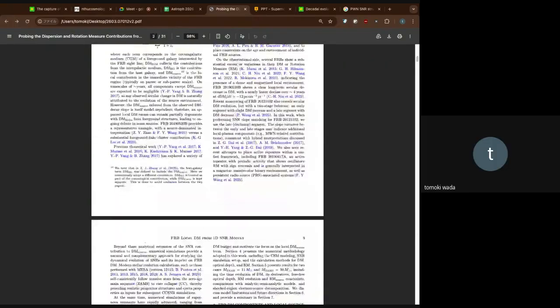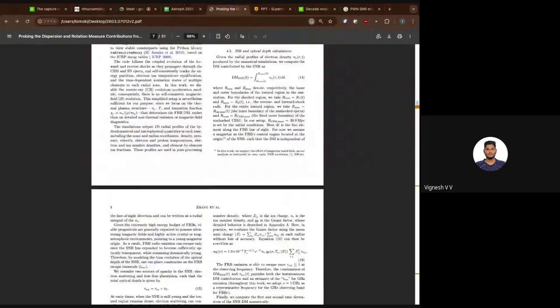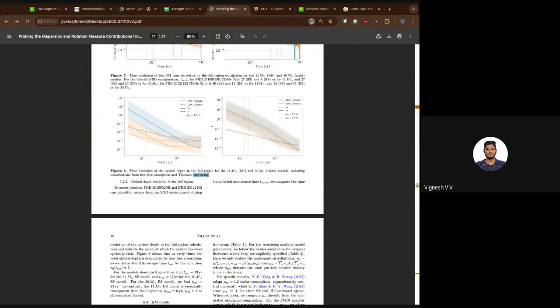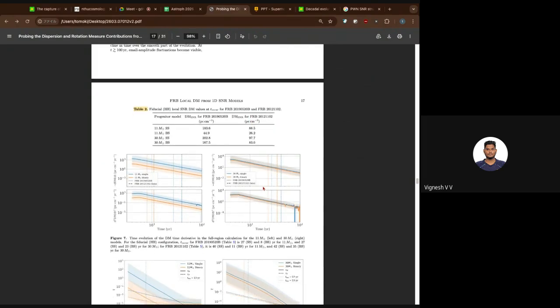In the introduction, they mention scattering, but I don't know whether they go into it. As of now, scattering is only taken as a propagation effect. But if we can find a significant scattering profile in the source medium itself, intrinsic to the FRB, that could be something interesting to check.